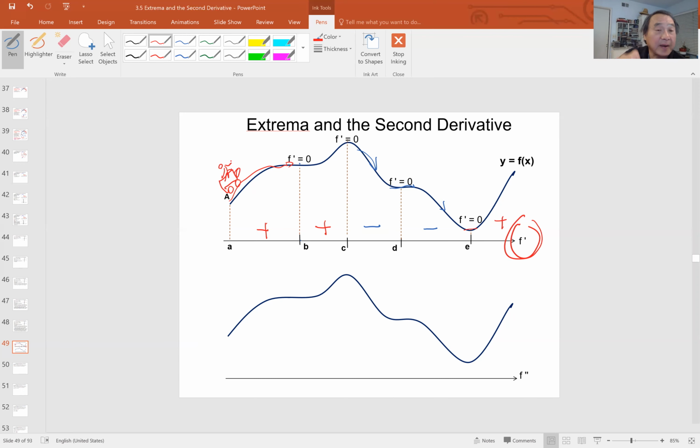We viewed this as a roller coaster. Now we're going to view this differently. We're going to view this as, as I said, a bug crawling along. Let's make a big bug, and it's crawling along. And then the question over here is, is the bug making a left turn or a right turn?